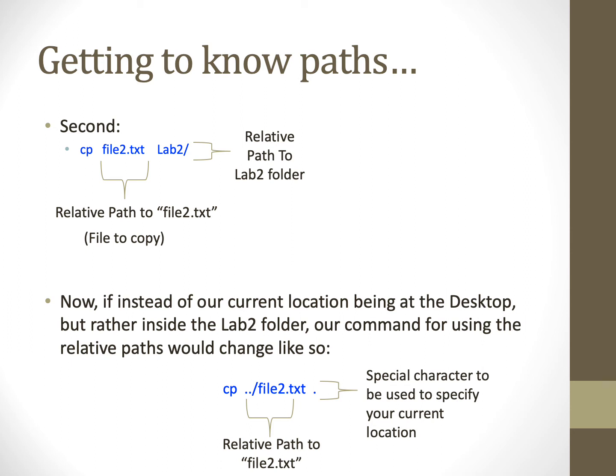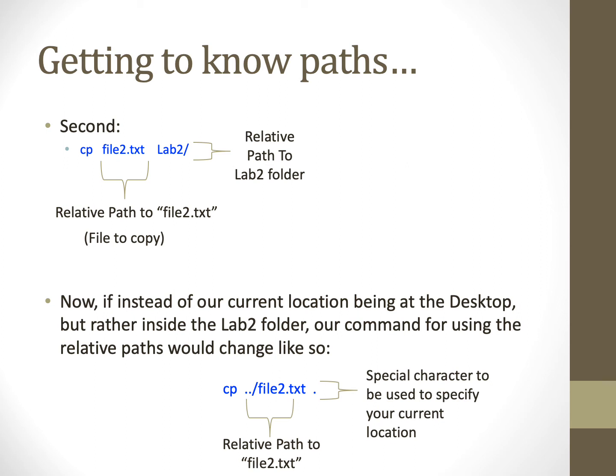So file2 is relative to the desktop. The relative path to the lab2 folder in this case, therefore, is also just the lab2 folder as specified here. Note that this command is much simpler to implement. You're not having to spell out all the full paths of each of the file2 and lab2 directories.